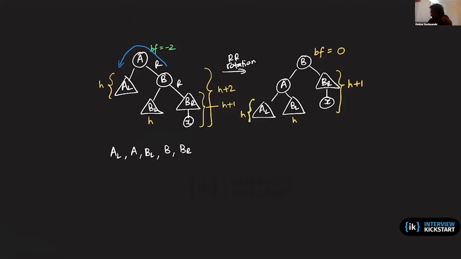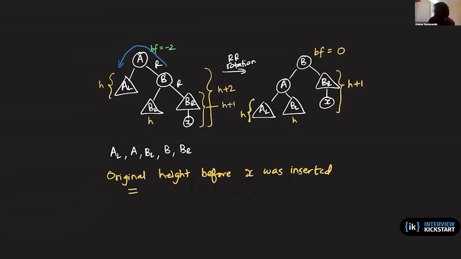Everything is balanced. What is the height of the entire subtree? Has the height of the entire subtree changed? Because if it has, then there might be repercussions further up. So the original height before X was inserted was how much?